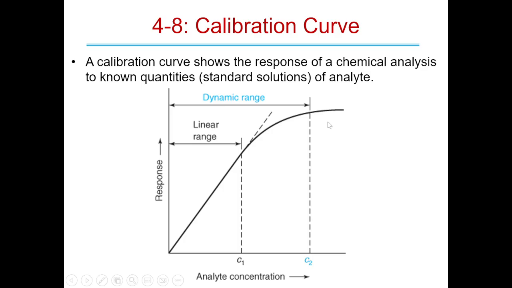A side note to this that I'm just going to bring up because, real-world application-wise, this really matters. There are many instruments that if you go beyond the dynamic range, you could damage them. Okay? So I used to use an ICP-MS, which is an inductively coupled plasma mass spectrometer.